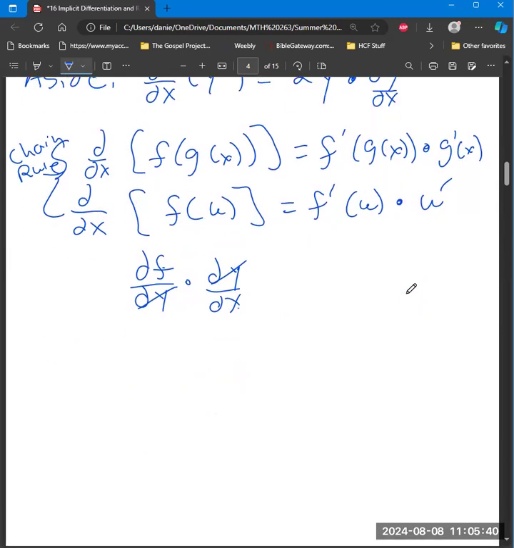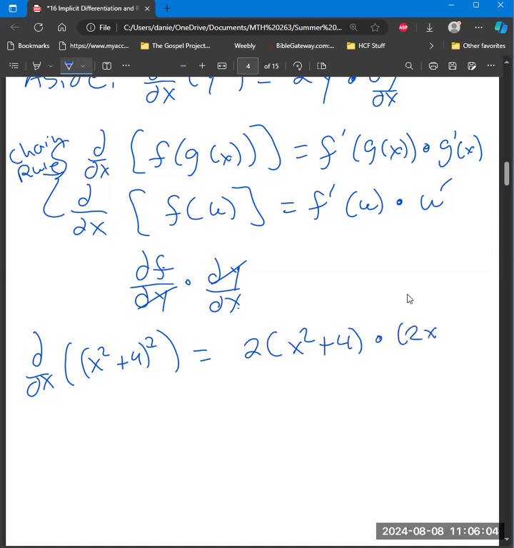So just another quick example here, d dx of x squared plus 4 quantity squared. We can do this with the chain rule to say that this is 2 times the thing that's in parentheses times the derivative of the thing that's in parentheses, which would be 4x times x squared plus 4, which would be 4x cubed plus 16x.